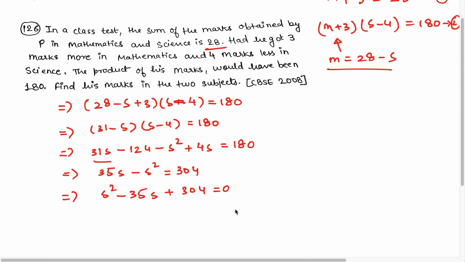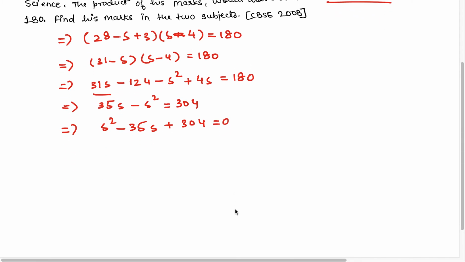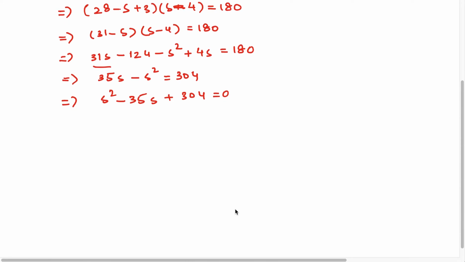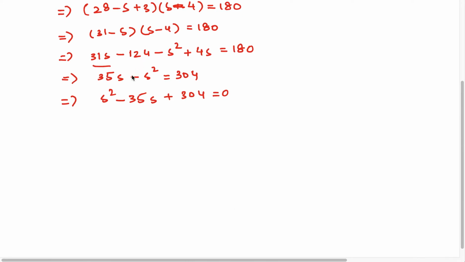Now this is a quadratic equation that I have to solve, and I can solve this by simple factorization. If you remember the table of 19, the factorization becomes very simple. 19 16s is 304. So look at this. This will become S square minus 19S minus 16S plus 304 equal to 0.